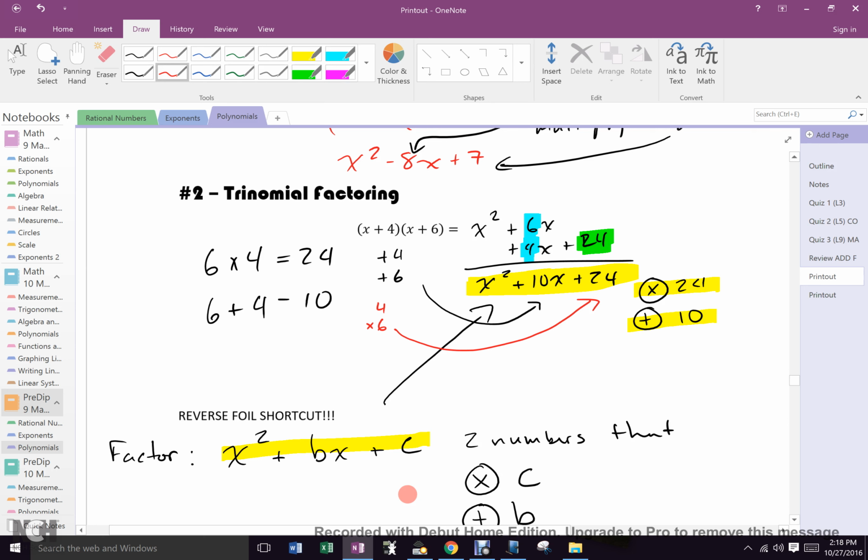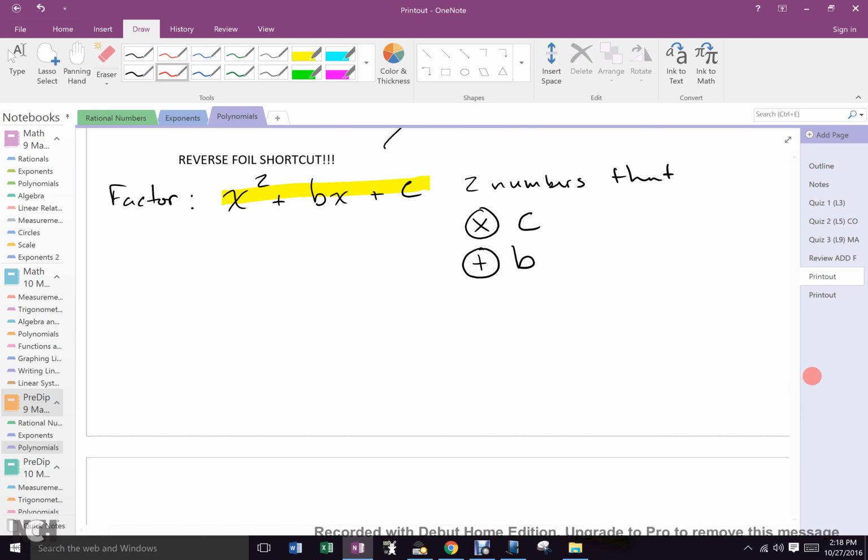Now I'm going to give you guys an example. What was that first question we did that made all of you not do it right? I gave you x squared minus 5x minus 6. Does this look like this? Yeah, it does. It's a squared term, a non-squared term, and a constant, right?